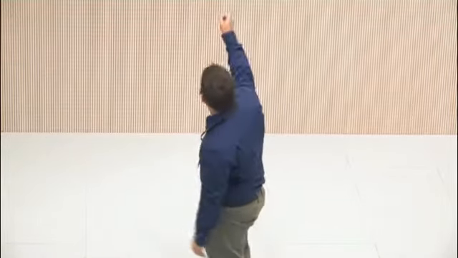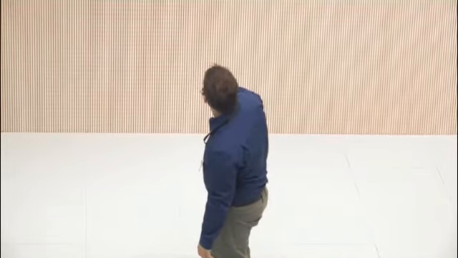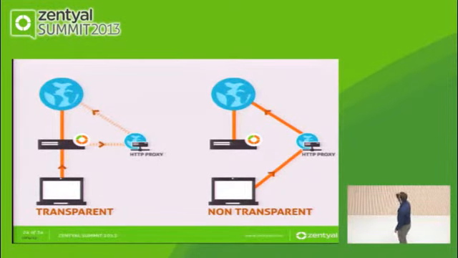We have some diagrams on the next slide. So, transparent and non-transparent. In one case, the connection is implicit, and in the non-transparent version, you have to explicitly open a connection to the proxy, and you have to configure it on the browser.